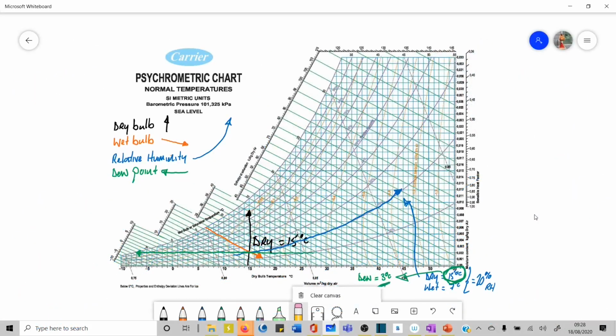Okay, so here we are back at the psychrometric chart, and we're just going to erase all of this here, and then we're going to apply the readings that we've just looked at.